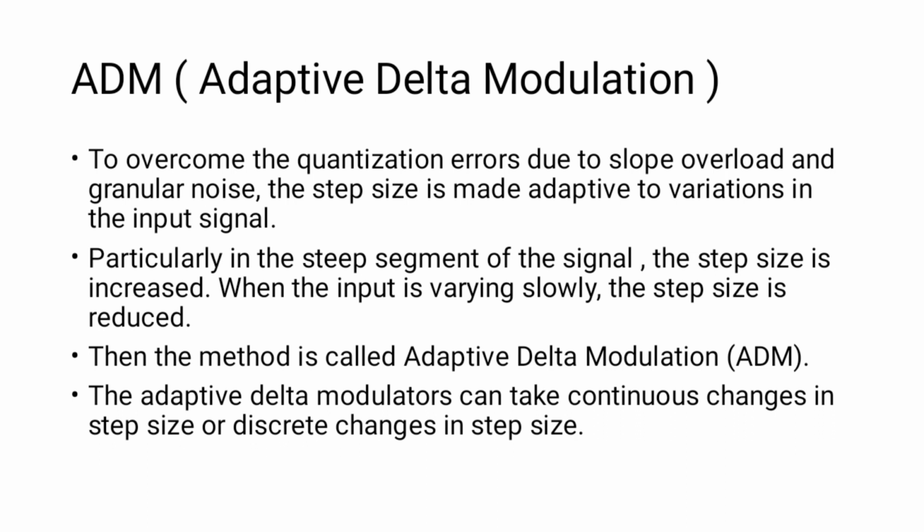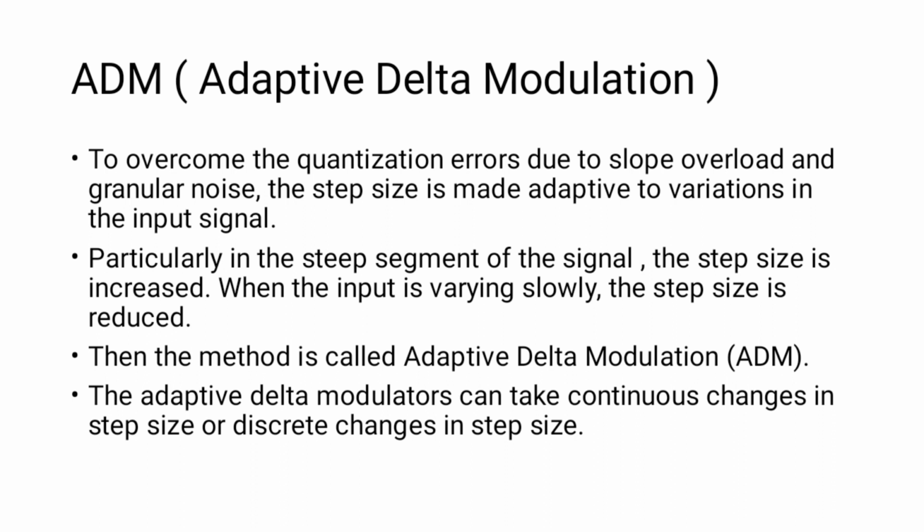This happens depending on the signal, not by the user. How the signal is represented is the basis on which your step size is calculated. So what we have seen as positive delta and negative delta could be adjusted based on the signal, and that is called adaptive.